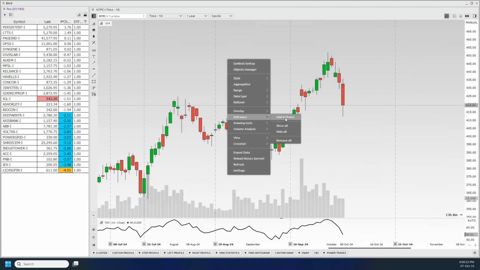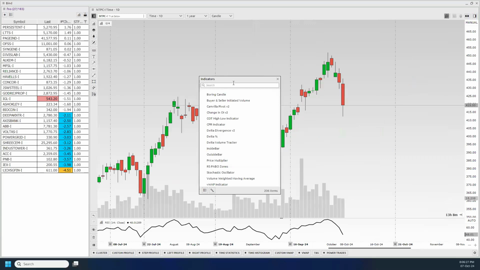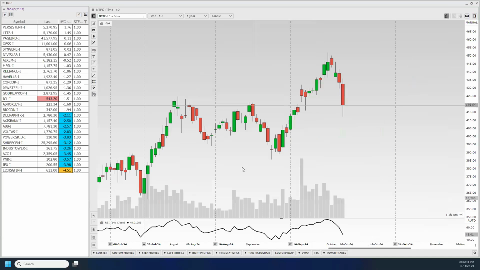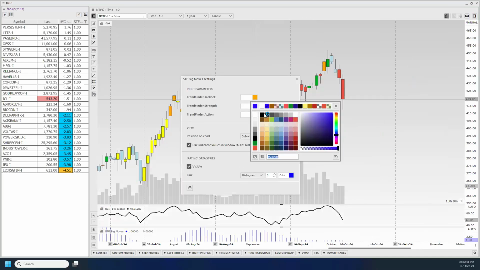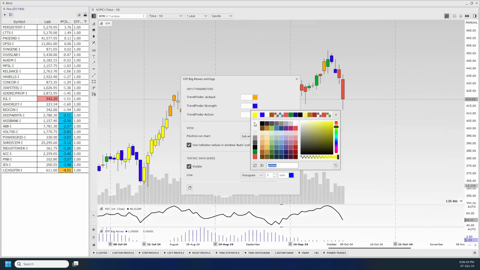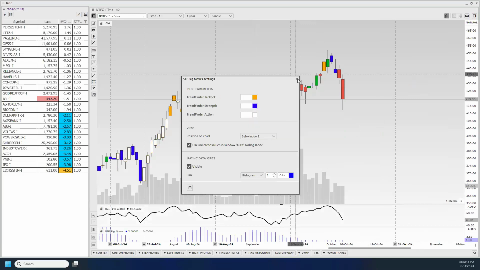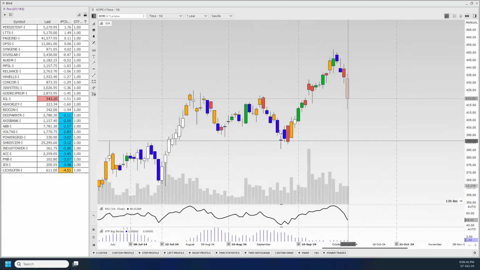I went to indicators, typed big move, and then went to this FNO. Then here I change the color for this one, which is strength, and also change the color for action. And then I close. So now these golden color candles are your jackpot candle.